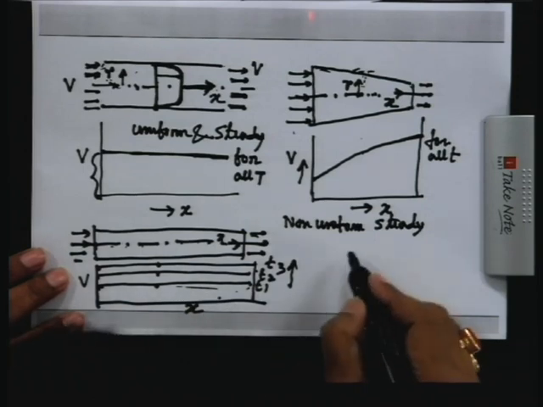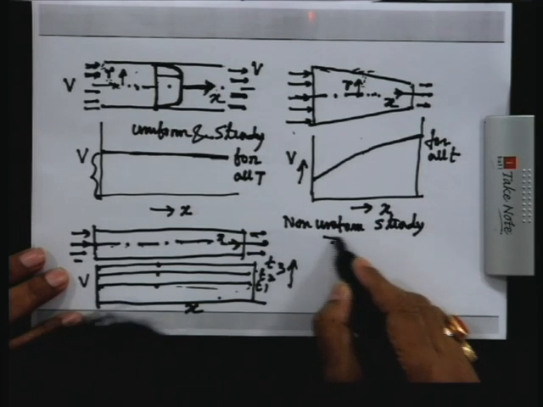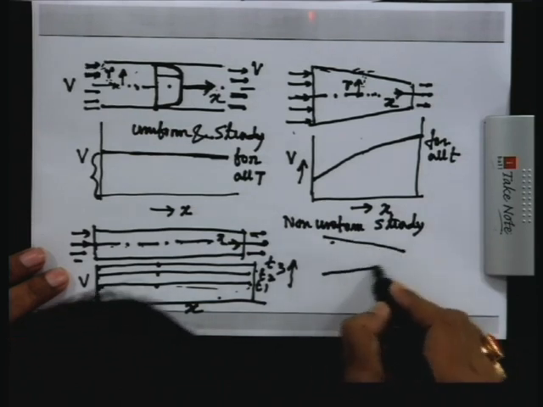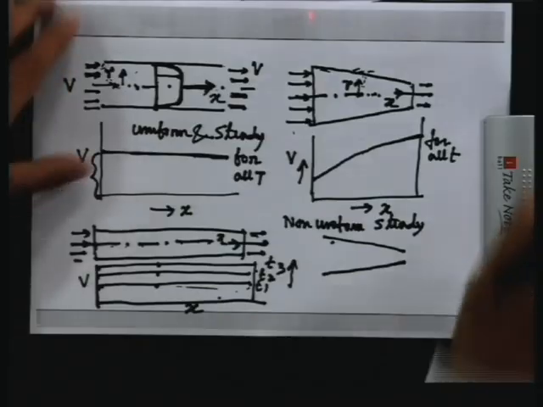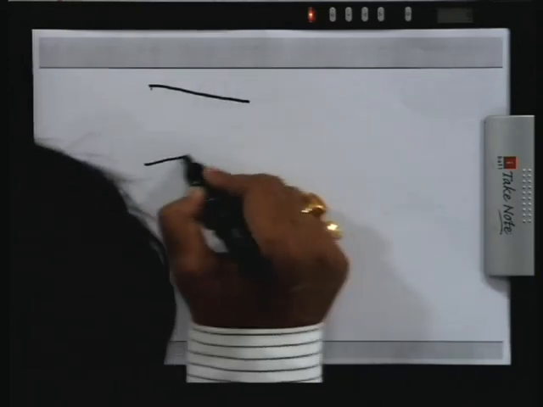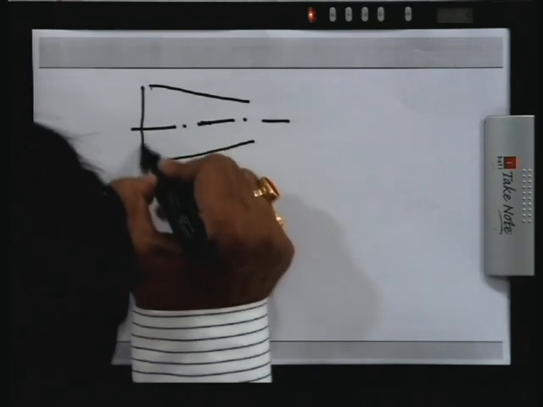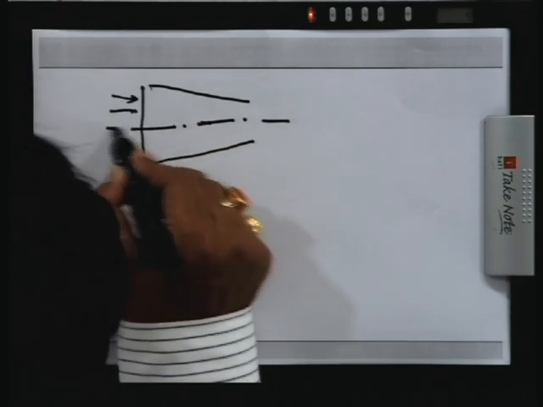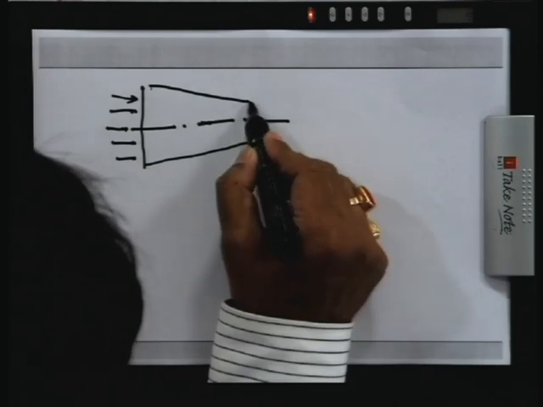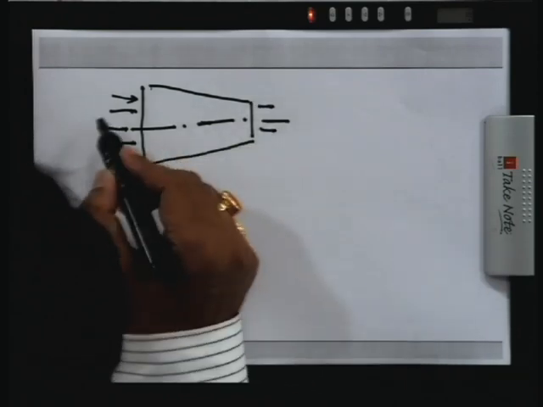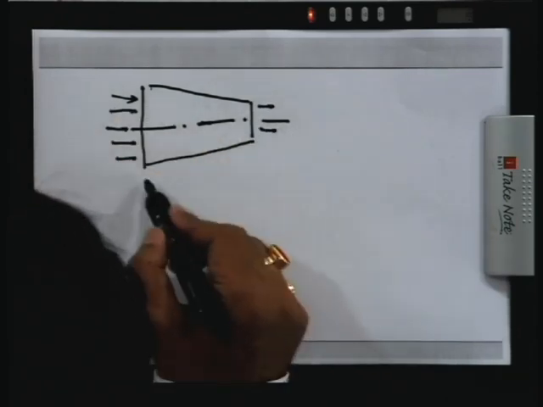And in the most generalized case, the problem will be like this. That means a tapered pipe will be there. Okay, I can draw it on a separate page. In a tapered pipe, the most generalized case is like this. We have a tapered pipe and the inlet and outlet may be varying with time. Then what will happen?